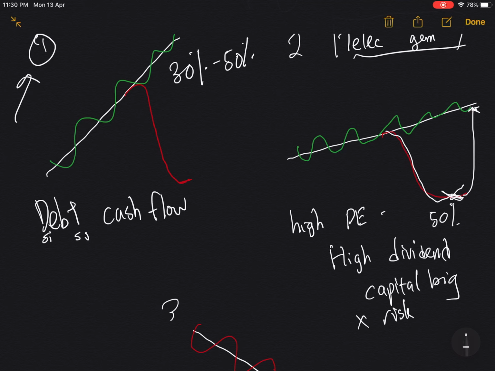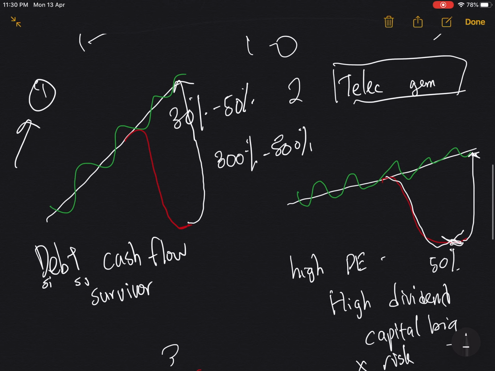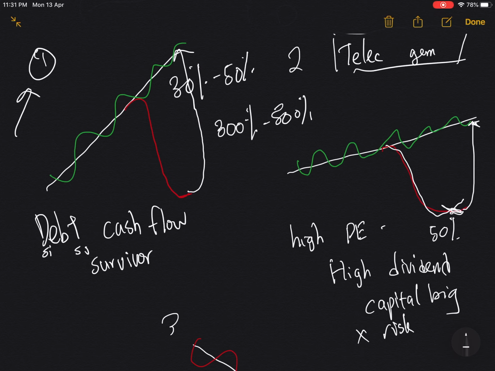If the company is a survivor and can perform when everything is over, can perform like last time, you can see a 300% to 500% return. This is the stock that you need to find. If you want to grow your net worth and you want to really enjoy all the capital gain, this is the one that you need to find.